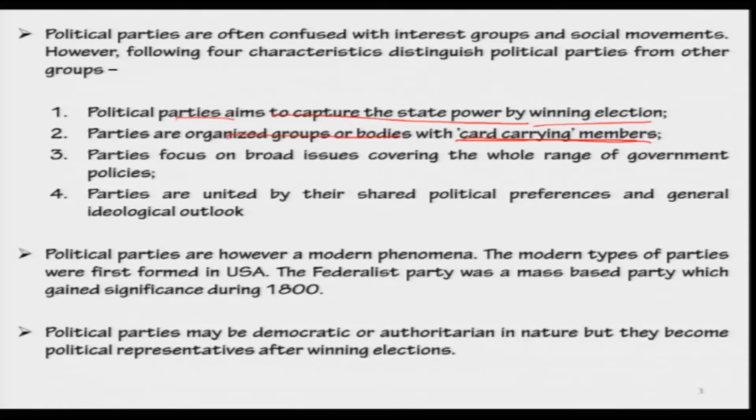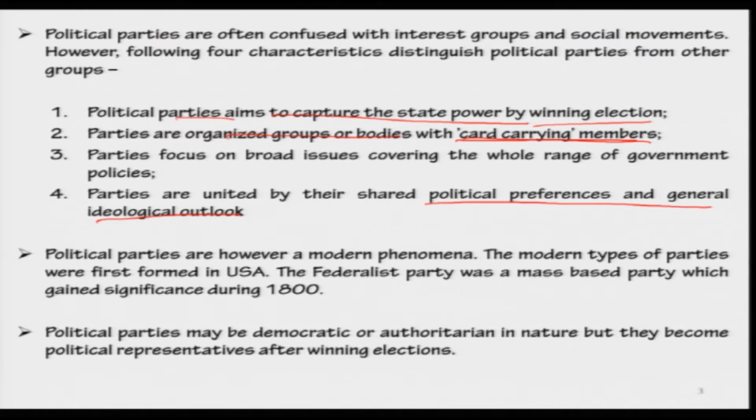That is again unlike the interest groups or the social movements, which will have very focused or narrower issues and scope of articulation and assertion. Finally, the fourth characteristic that distinguishes political parties is their shared political preference and general ideological outlook. So, when we discuss different political parties in India, we will explain this point again and again about political preferences.